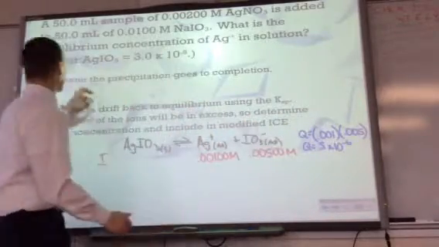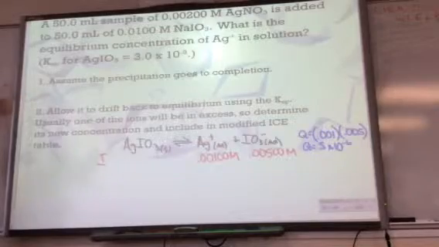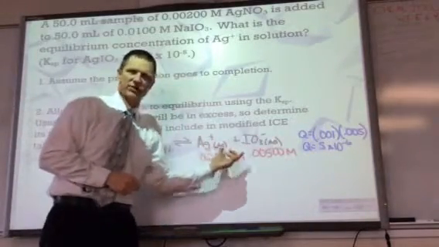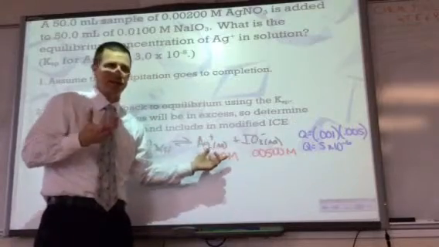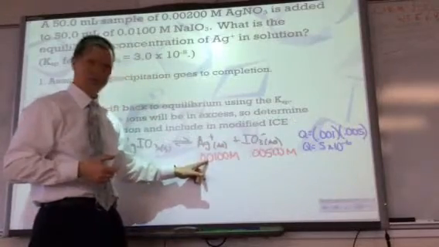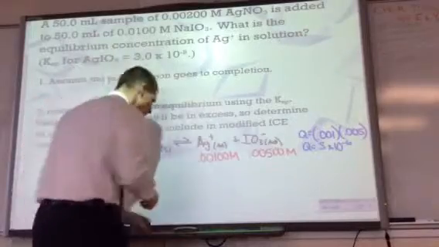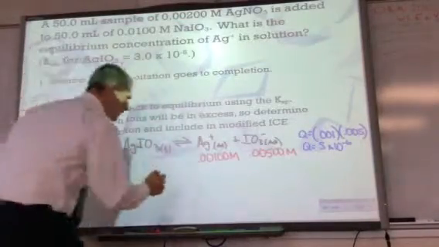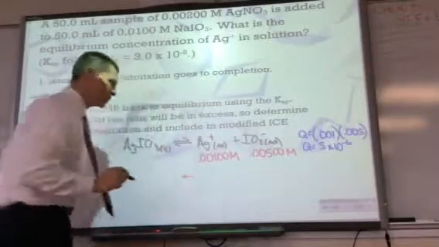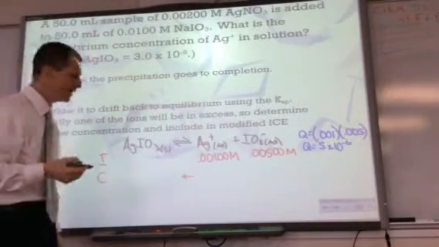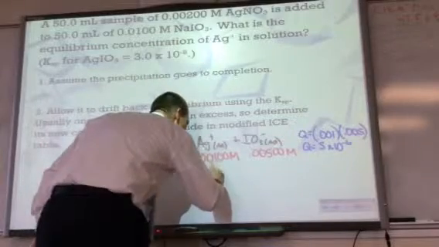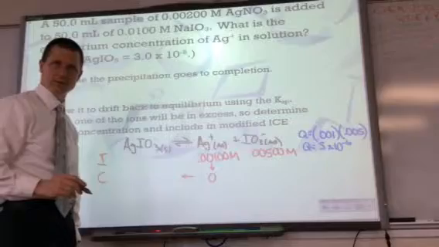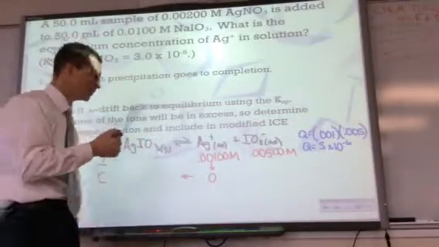And this is what I'm talking about here in number 1. Assume the precipitation goes to completion. So that means we have to look at both ion concentrations. Which one is smaller? That's going to be the limiting reactant. The silver ion concentration is smaller. So the reaction is going to, I'm going to make a C here for change. The reaction is going to change by shifting left, because Q is bigger than K, and it's going to cause the silver ion concentration to go down to 0 as the precipitation happens to completion.